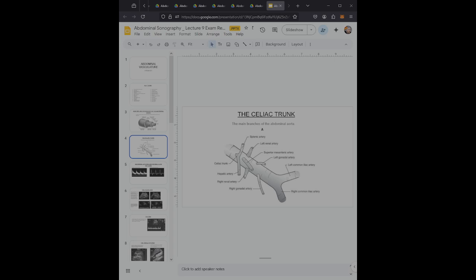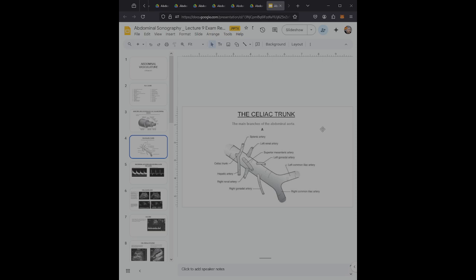The celiac trunk arises from the anterior aspect of the abdominal aorta, between the crura of the diaphragm, and it branches into 3 arteries: the splenic artery, the common hepatic artery, and the left gastric artery. And here we see the splenic artery and the common hepatic artery; the left gastric artery is not shown, but it is one of the branches of the celiac trunk.